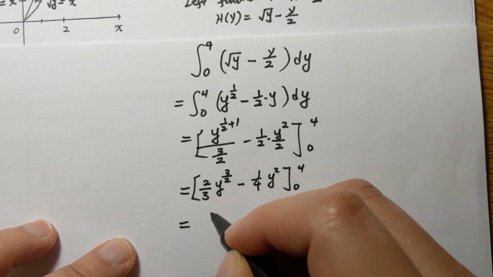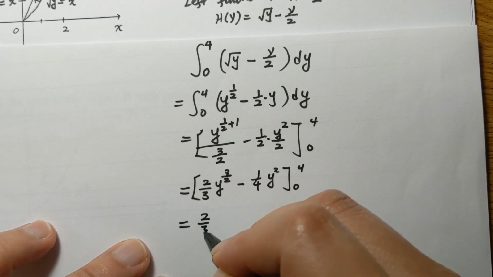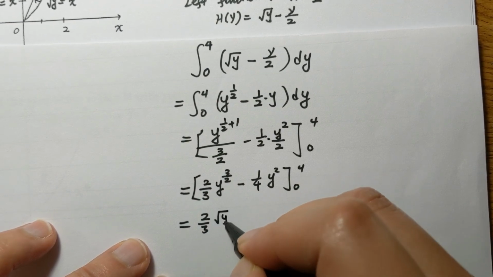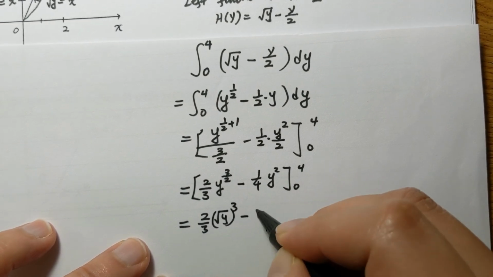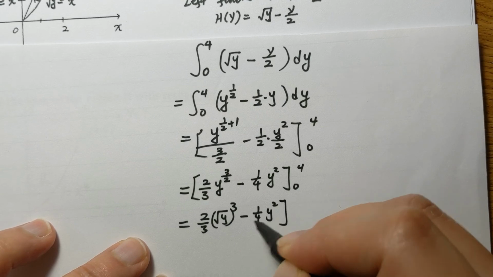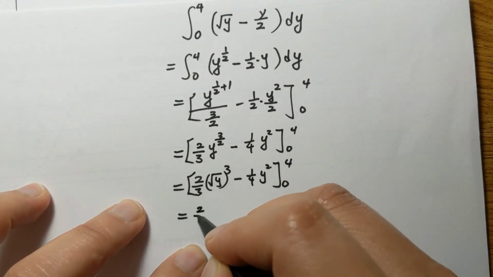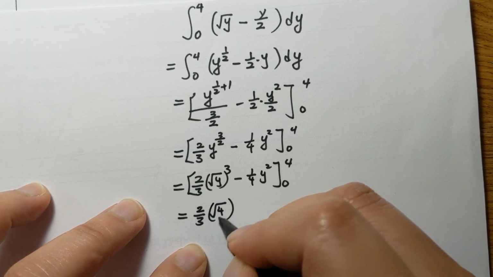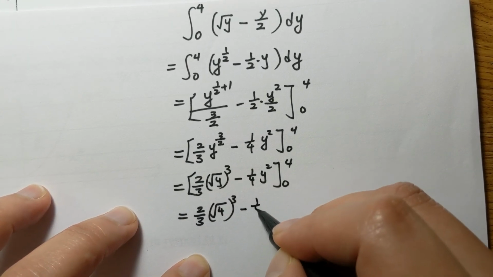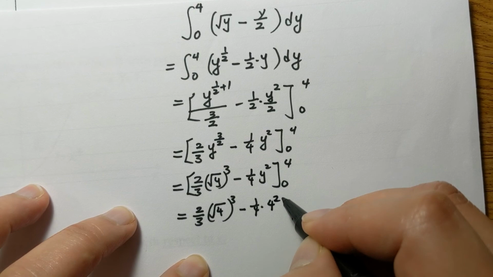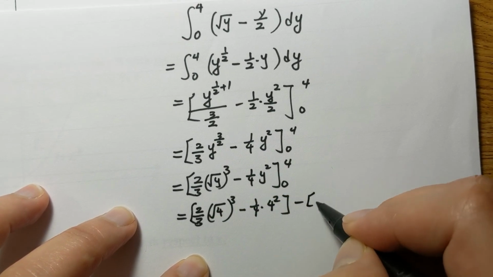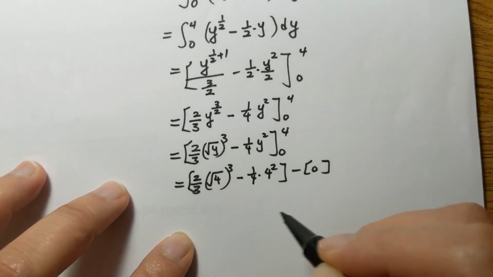And now we have 2/3 times the square root of y to the 3rd power. Now we do substitution. So 2/3 square root of 4 to the 3rd power minus 1/4 times 4 squared, and minus 0, because when you substitute 0, you get 0.